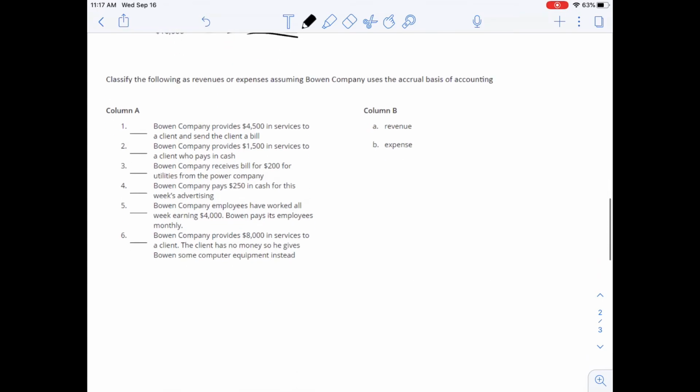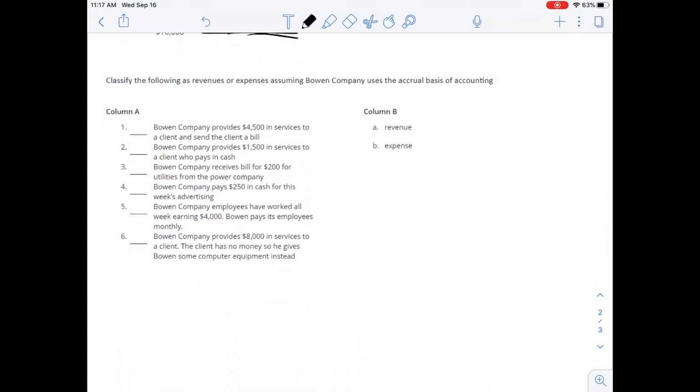If we continue on down here, it's asking for revenue and expenses. Revenue is another word for sales, and to simplify it, it's money coming into the business for performing services. Expenses is money coming out of the business that's related to operating the business. So think about money coming in versus money coming out.